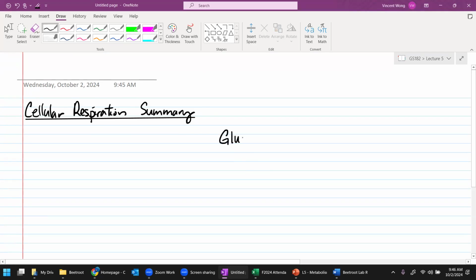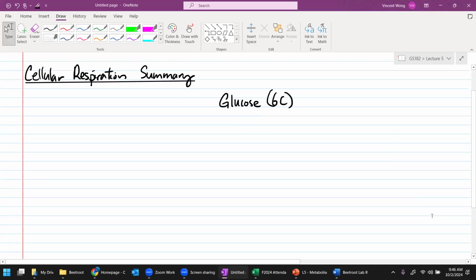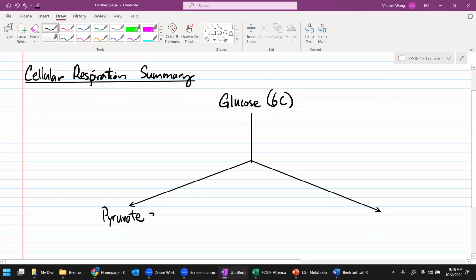So glucose, which is 6 carbon, it's going to become pyruvate, 3 carbon. And this is glycolysis, which happens in the cytoplasm.